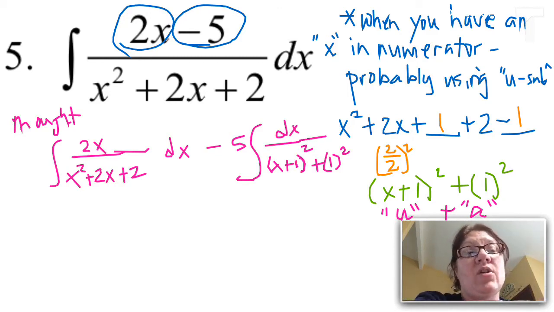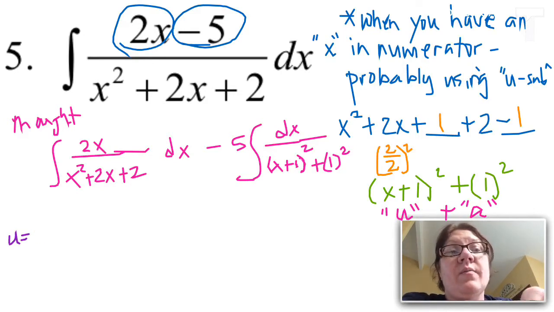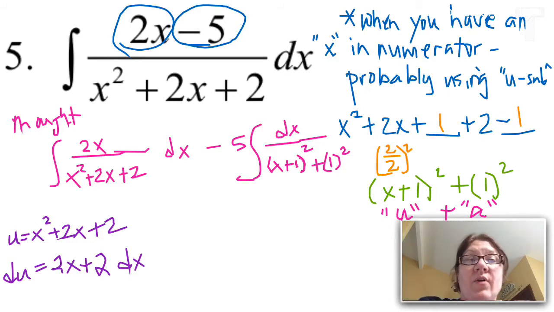But here's the catch. The catch is, if I try the u substitution over here on the left, where I substitute for the whole denominator, again, similar to problem 2 up above, then my du is 2x plus 2, and that's a problem because I can't just insert a plus 2.